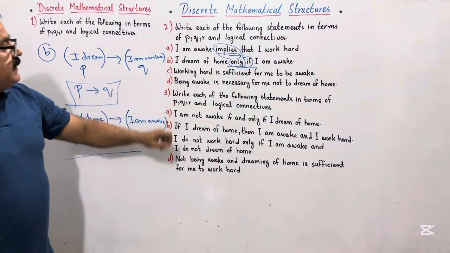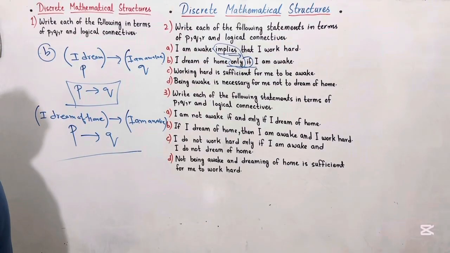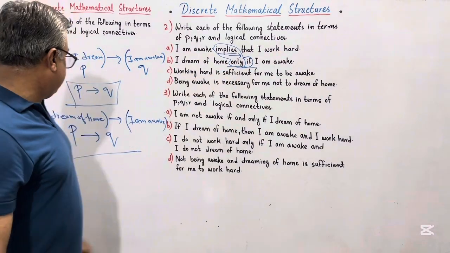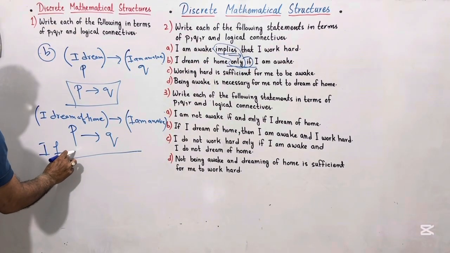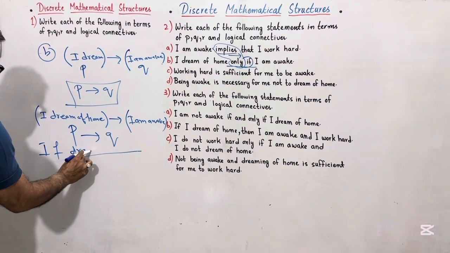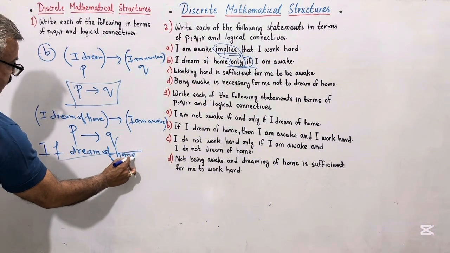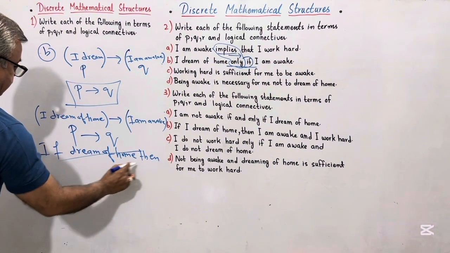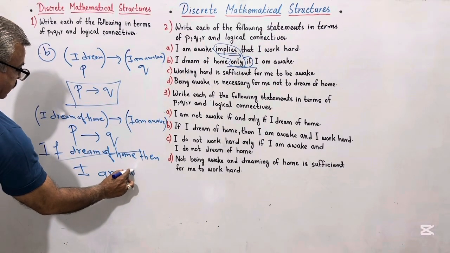In part B, it says I dream of home only if, and only if is a synonym for implies. I can write this also as: if I dream of home, then I am awake.